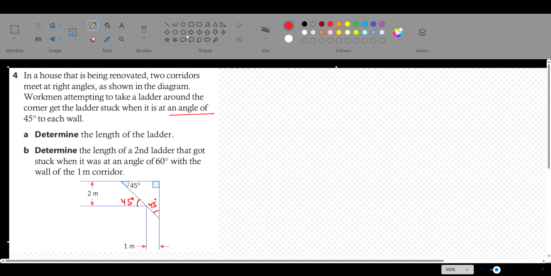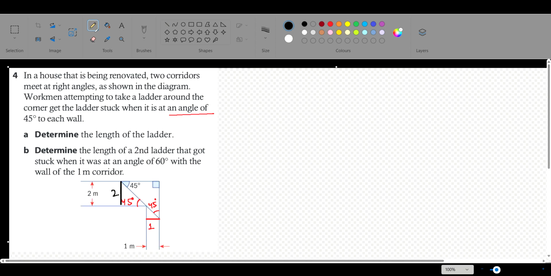Yeah, from the downside is 1 meter. That's right. So this one is 1 meter. This is 1 meter. So I'll also drop perpendicular from here, which is 2 meter.